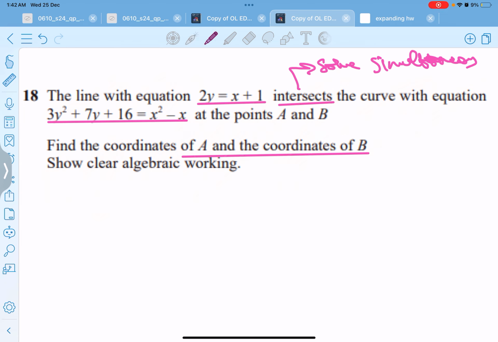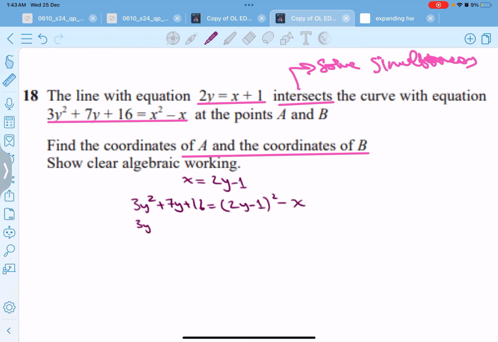I'm going to substitute the value of x, as it's way easier. It's going to be 2y minus 1. So 3y squared plus 7y plus 16 equals x squared, which is 2y minus 1 all squared, minus x.